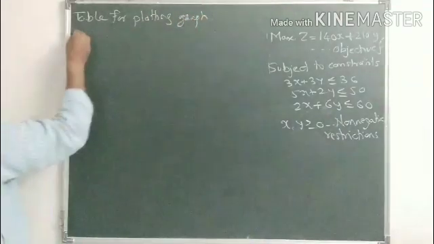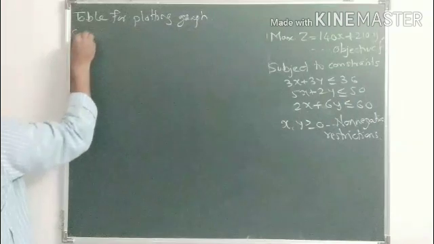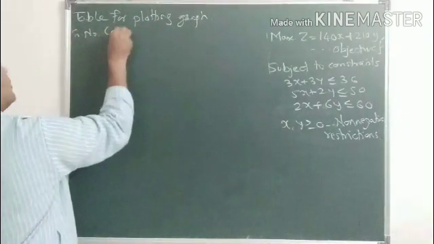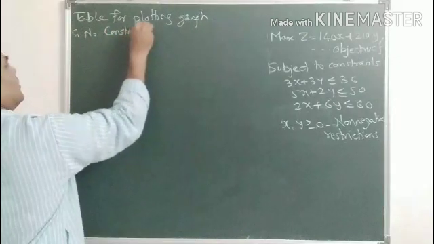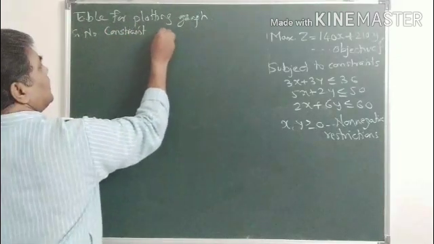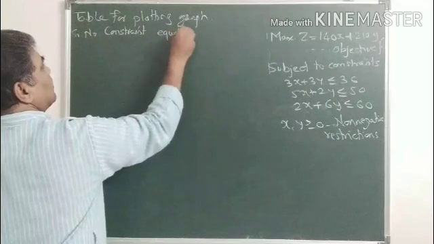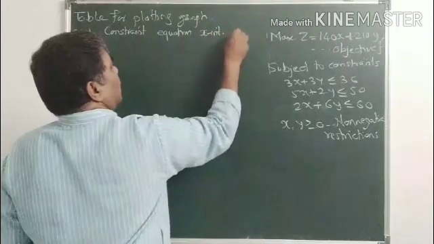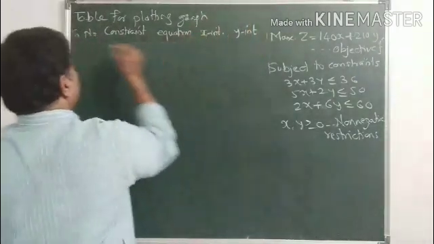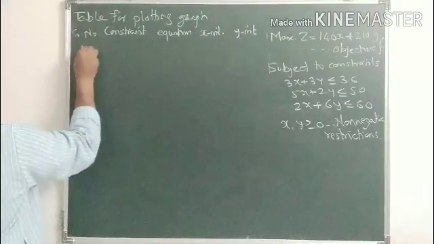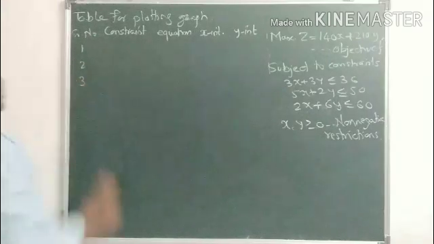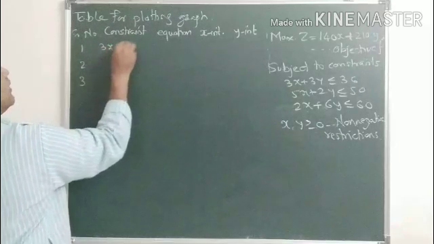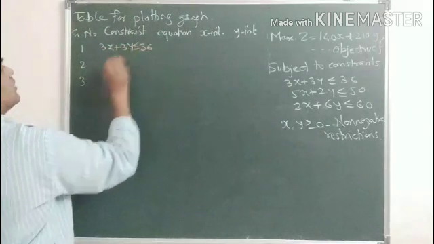We'll take serial number, then next column constraint, then corresponding equation, then x-intercept and y-intercept. So we have 3 inequalities here. First: 3x plus 3y less than or equal to 36.